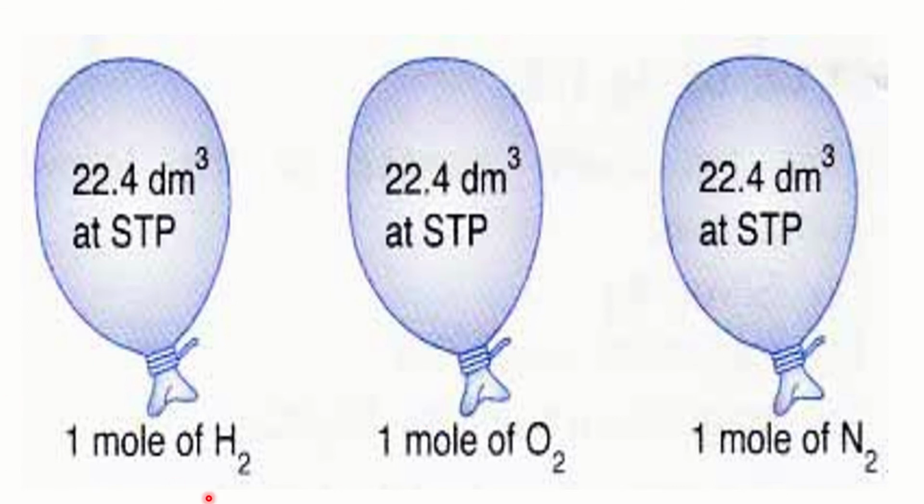Now look, this is 1 mole hydrogen. This is 1 mole oxygen. This is 1 mole nitrogen. But all their volume is the same because they are at standard condition, at STP, standard temperature and pressure. Their volume is 22.4 liter. It is written here decimeter cube. Decimeter cube is also liter.